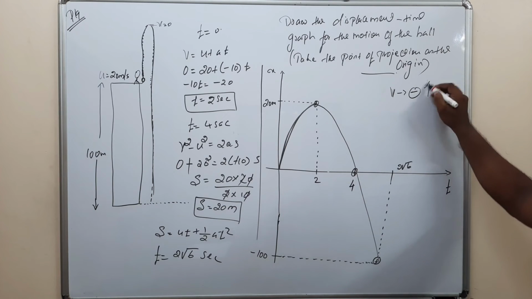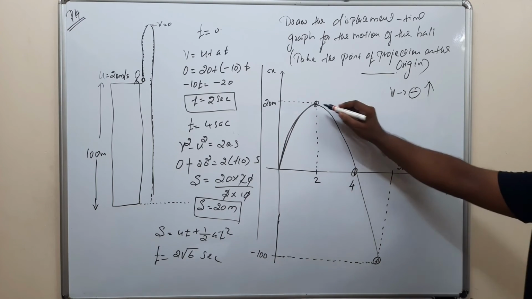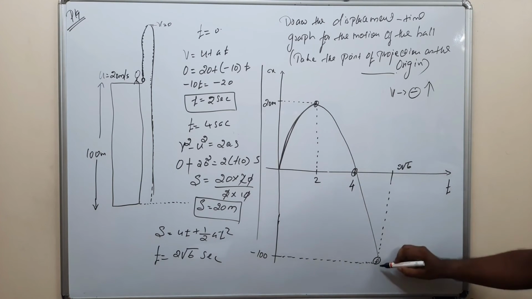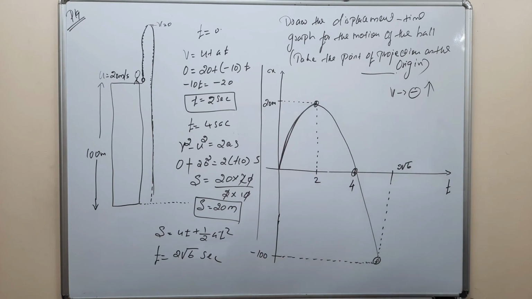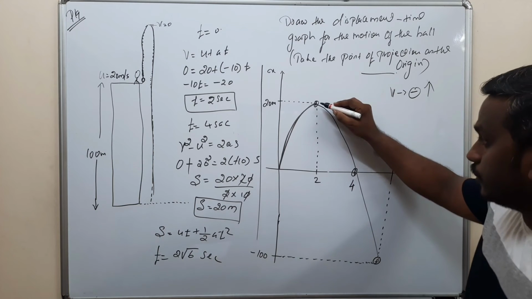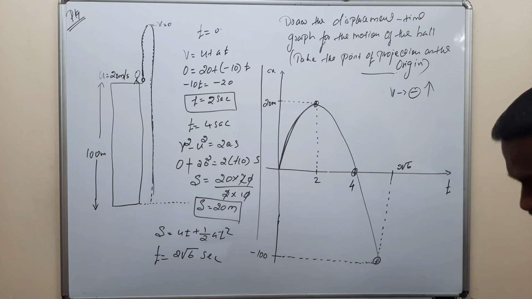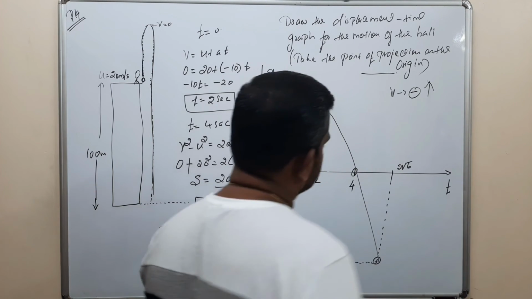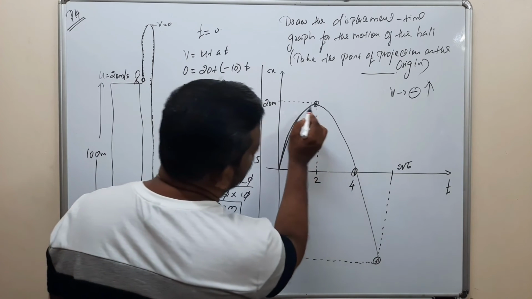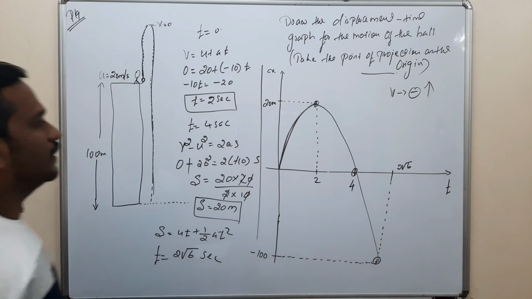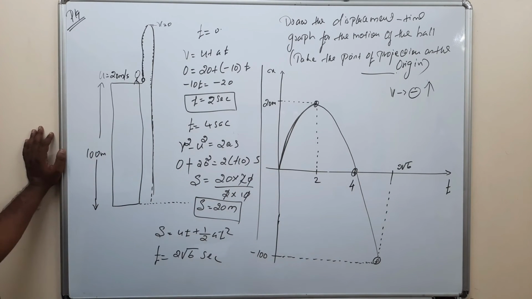So from this point to this point, that is the single journey, the velocity is negative, increasing. So this is the displacement time graph of the motion of the ball.